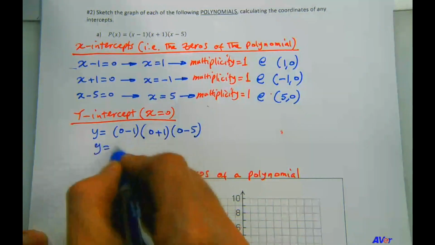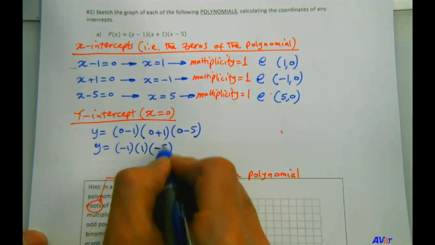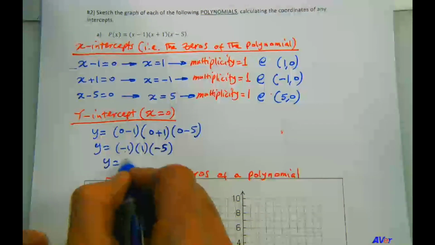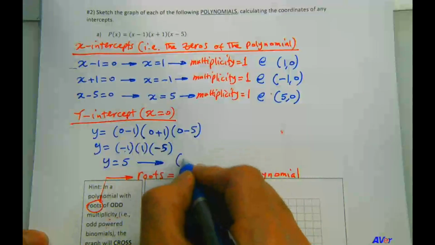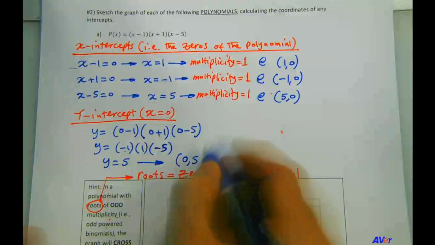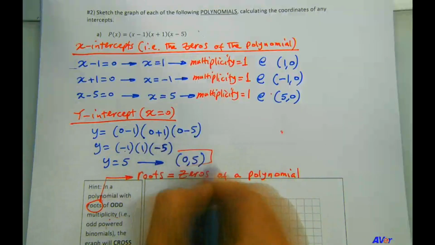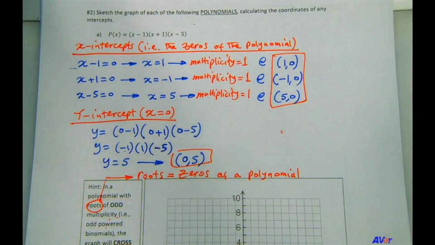Y equals minus 1 times minus 5, and minus 1 times all of that is positive 5. And we have 0 comma 5 as the y-intercept. All of these are the zeros of the polynomial or the x-intercepts.